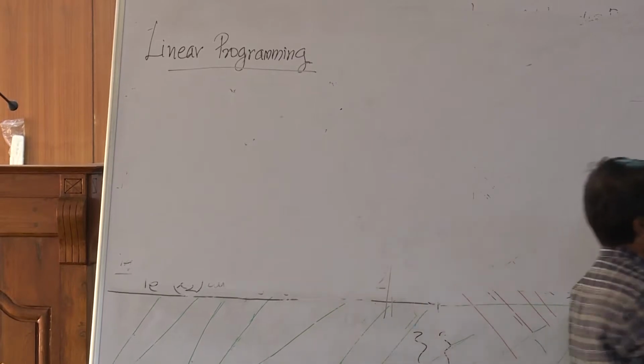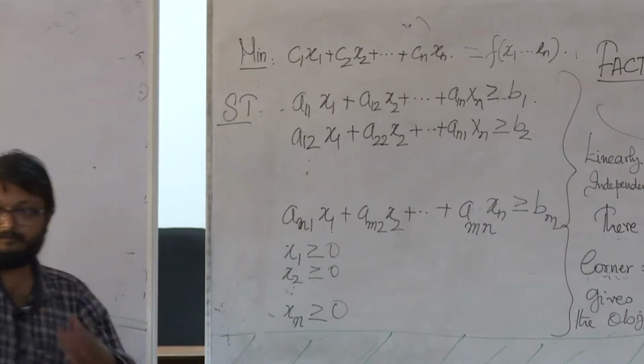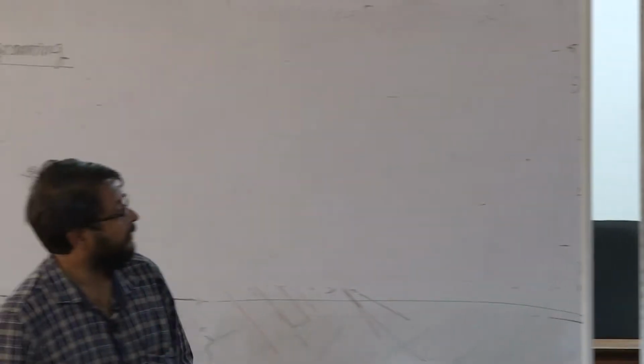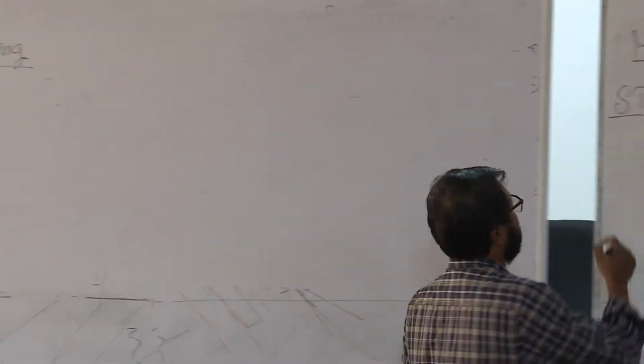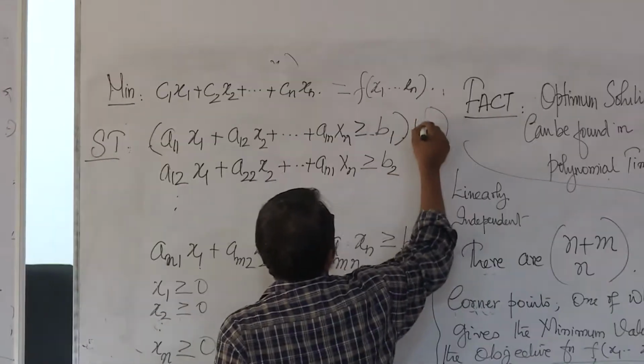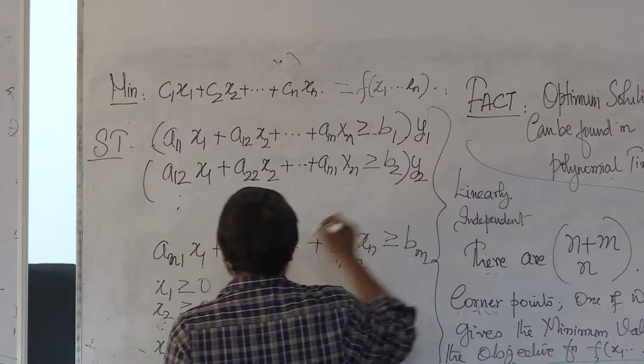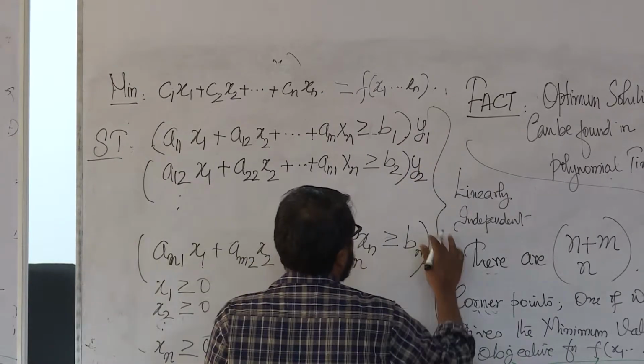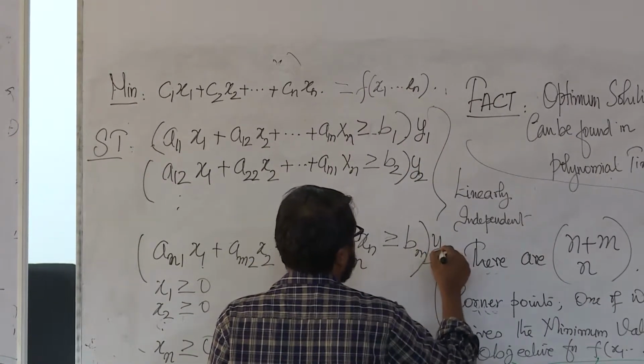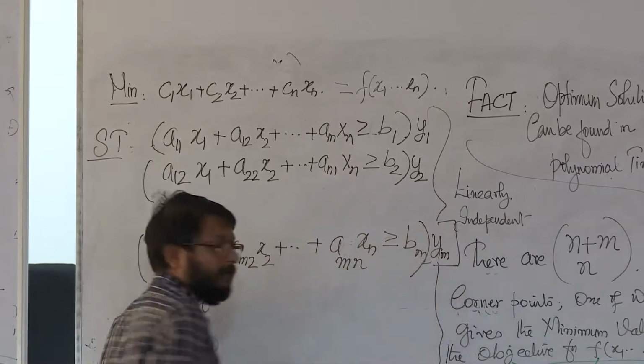So let us start with the linear program this way. Suppose I multiply this equation with some variable y1, this with some variable y2, this with some variable ym. These variables are sometimes known as dual variables.